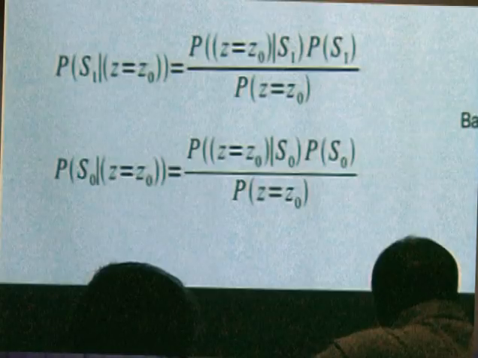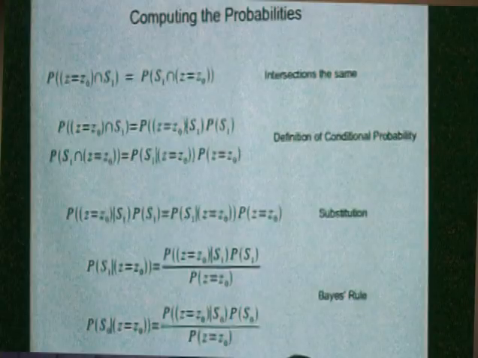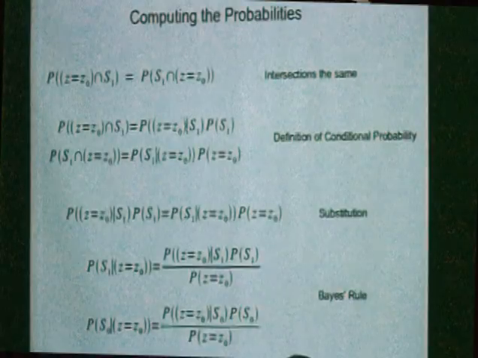And then what we really need to do is translate this into conditional probabilities: the probability that I get z equals z0 given an s1 was sent, or the probability that an s1 was sent given I got z equals z0. Those are the things I need to think about. By definition, the probability of z equals z0 and s1 is equal to the probability of s1 times the probability z equals z0 given s1.